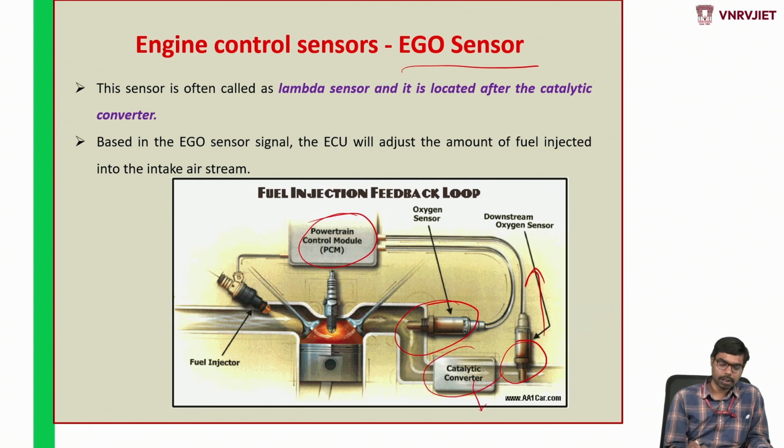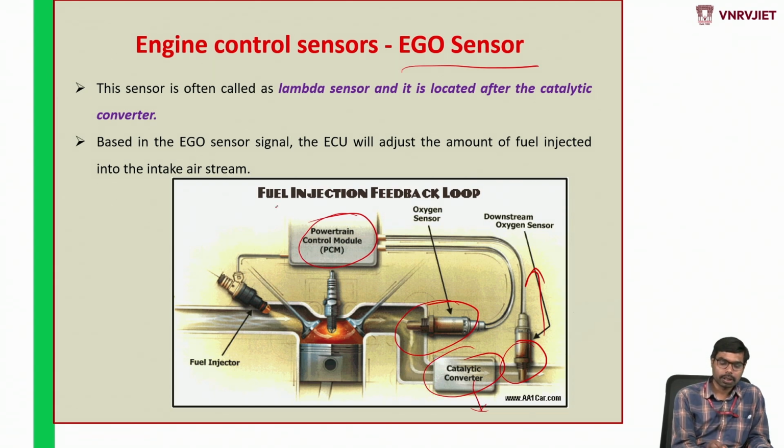This part we will discuss another time, but you can understand that at this junction the catalytic converter performance is analyzed based on the exhaust gas oxygen sensor placed downstream of the catalytic converter. The sensor before the catalytic converter is used by the powertrain control module to analyze whether the supplied mixture is correct or not.